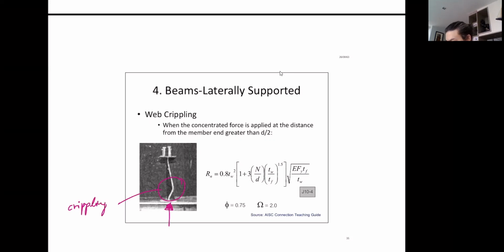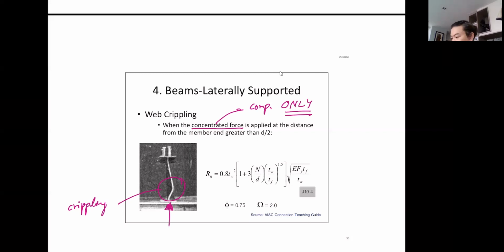So it does say concentrated load, but this has to be compression only. Okay, tension cannot cause the beam web to buckle like that. So it has to be compression only.